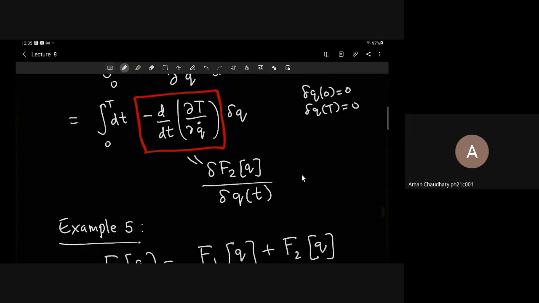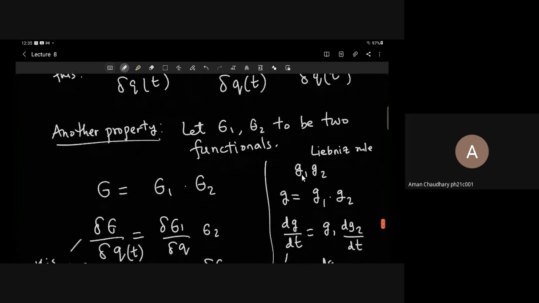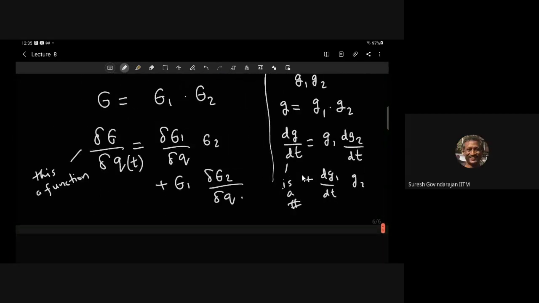But sir, I think dg by dt on the right hand side, small g, dg by dt is also a function, right? Yeah. Okay. The point here is that you fix a value of t and you compute it. What I'm saying is, this is a function, this is a functional.